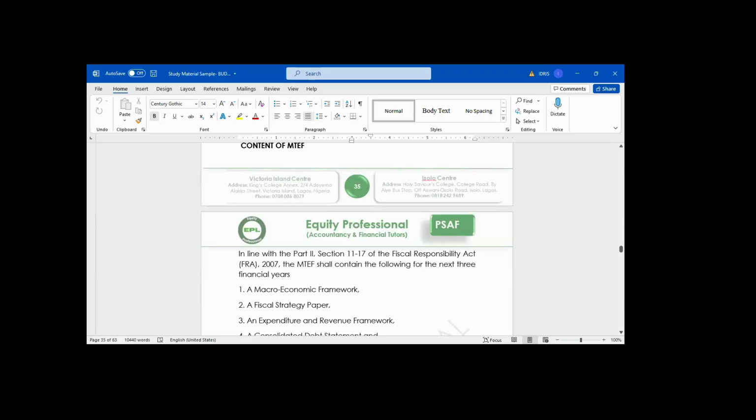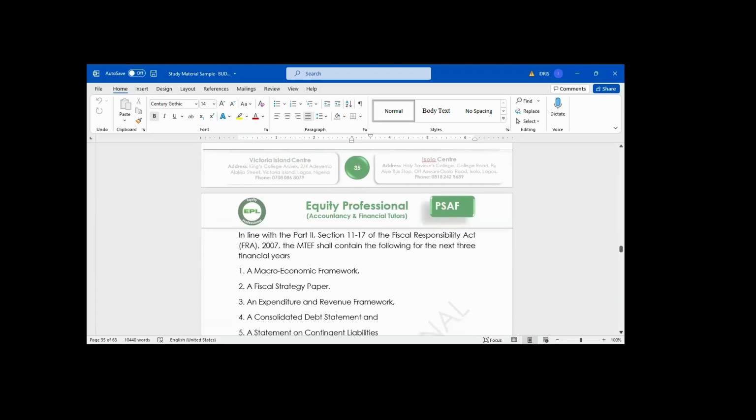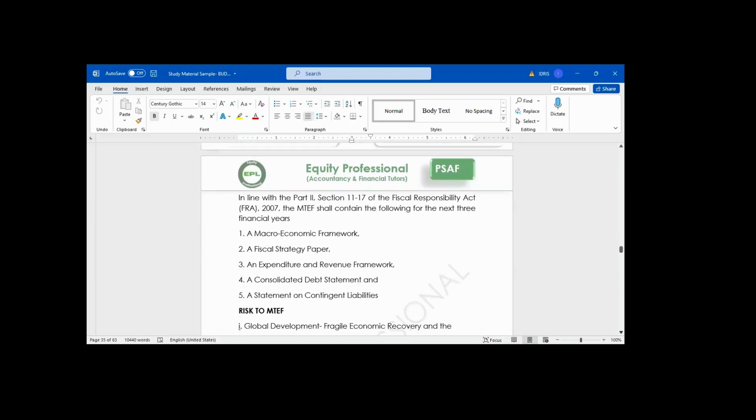We have another one called the revenue framework. We have the expenditure framework. This is part of the content of the medium-term expenditure framework. We have the consolidated debt statement. And the last content is called the statement on contingency liability.